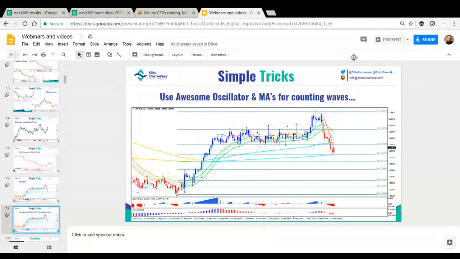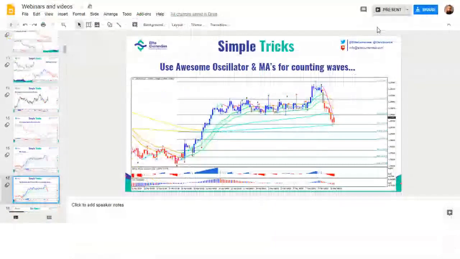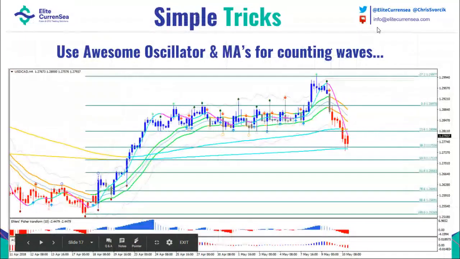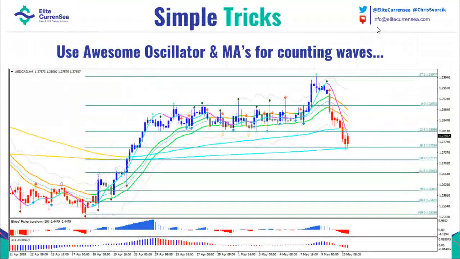Exactly. So the Awesome Oscillator is useful for counting the waves. This is something that many wave traders don't know about: it's kind of like a roadmap for wave counting.